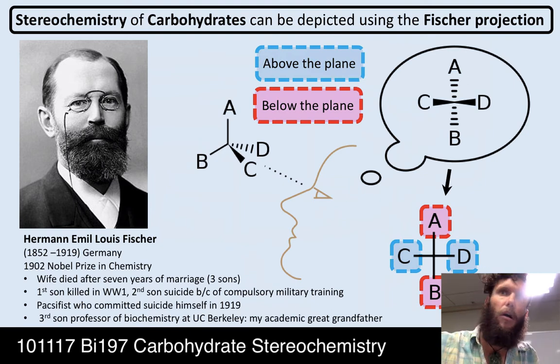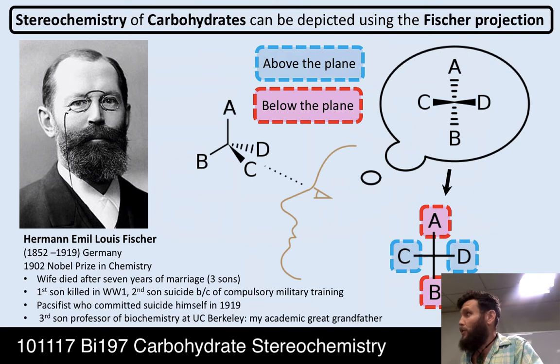You guys are all really smart students, you got into Colby, but you also kind of struggled to come up with an adequate description of the relationship. So he had that same struggle, and he started breaking it down into the practical problem of how do we even write this? How do we depict it on the page? So he came up with what has become called the Fischer Projection.